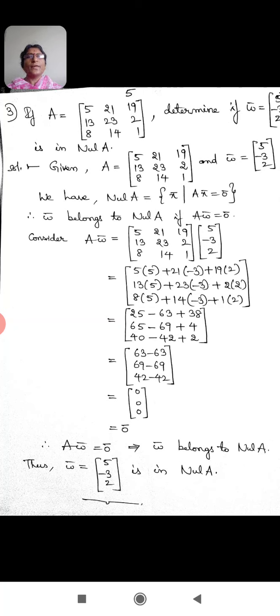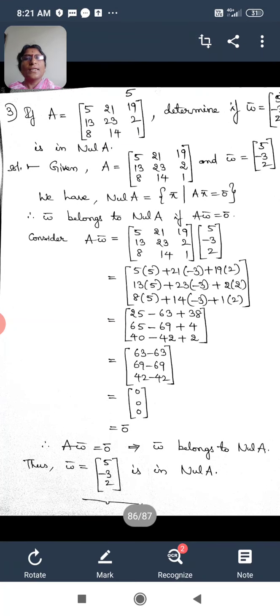By the above definition, we can say that W bar belongs to Null A if it satisfies the matrix equation AX bar equal to 0 bar. That means if AW bar is equal to 0 bar, then W bar belongs to the set Null A, or W bar is in the null space of the matrix A.